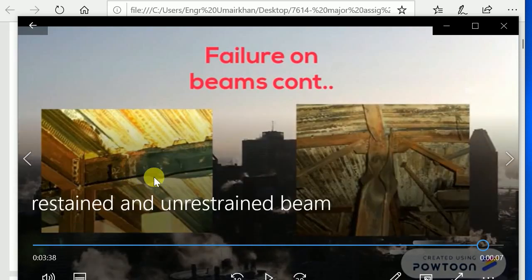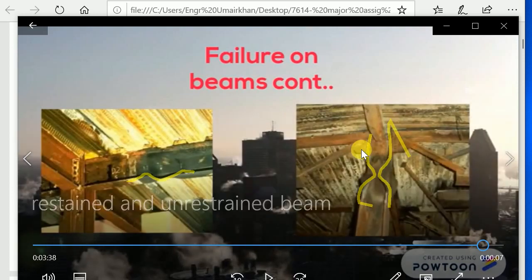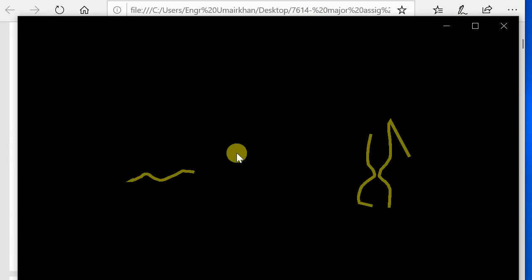You see the flange is buckled out, and here in the column you see the flange is buckled. So this is called local buckling of the member. Why has it happened? It is all due to the compactness and non-compactness of the section. Now let us watch another video, and then we come back.